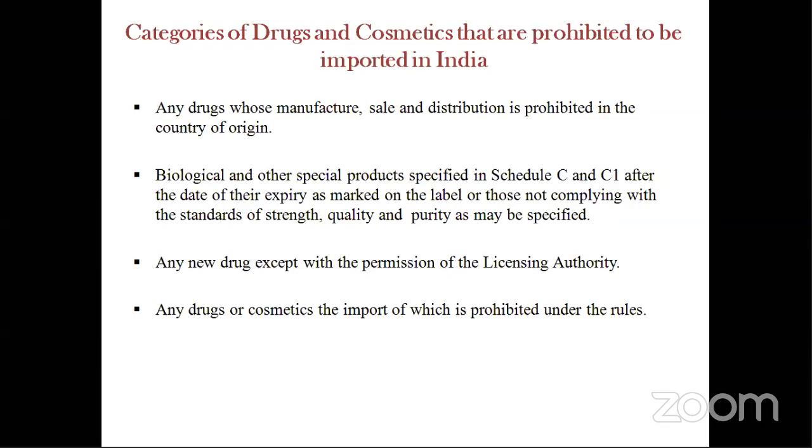What happens when these biological products are injected into the body of a patient? Some unusual disturbances and effects occur during injection. So you have to confirm the date of expiry marked on the label.